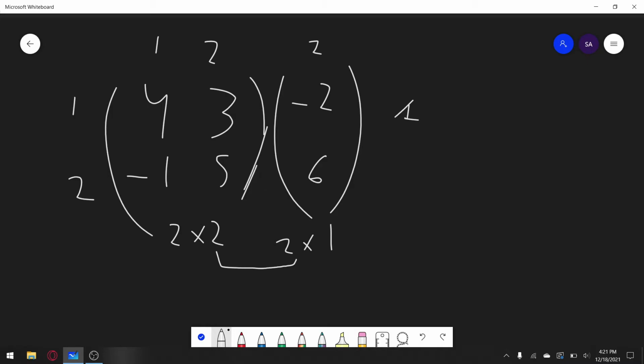If they were different, we could not have solved it. Our answer should have 2 rows and 1 column. So let's rub this off and solve it.